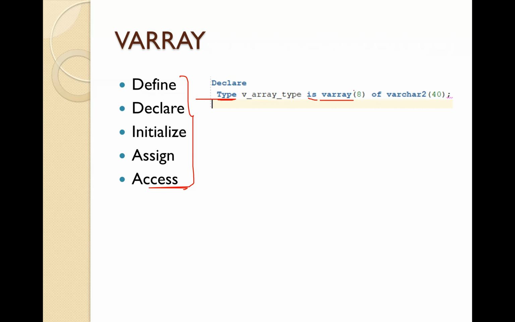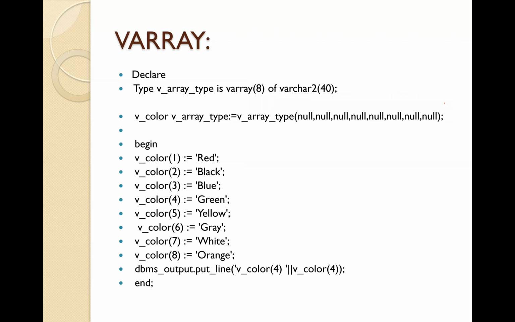How many elements are we defining? Maximum 8. Up to a maximum of 8 only we can go. If you want to go for 20, you have to define 20 first, all of varchar2 data type. So everything is of the same data type, not another data type.